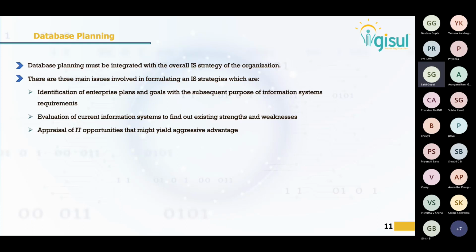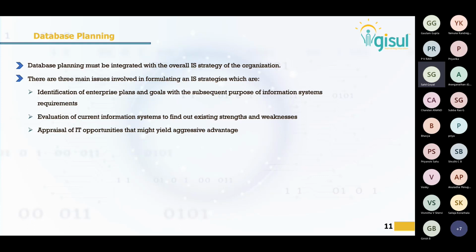Then evaluation of the current system, because before you are doing any new system, or creating any new migration system, you need to understand how the current system is and how it is behaving. Let's say the current system has five different data sources.